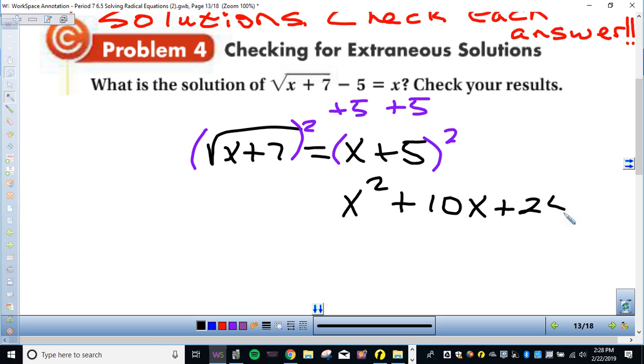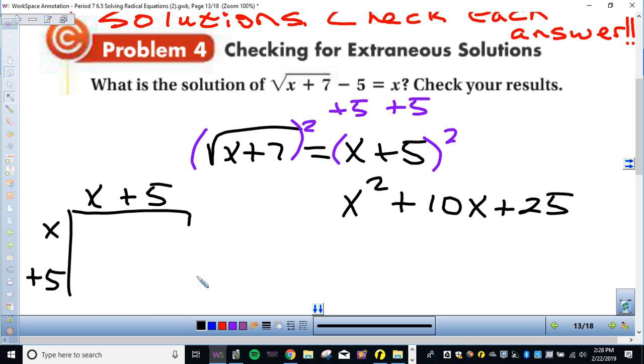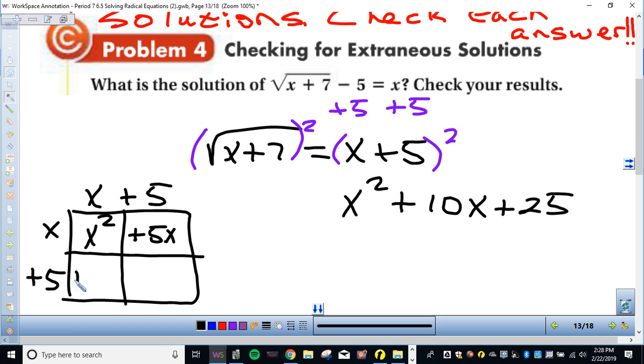If you can't do that in your head, you can do the old box. So that's where the x squared plus 10x plus 25 came into play. On the left side, we're just left with x plus 7.